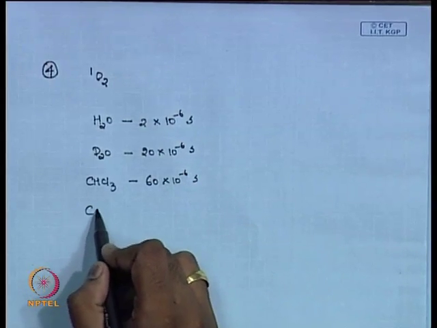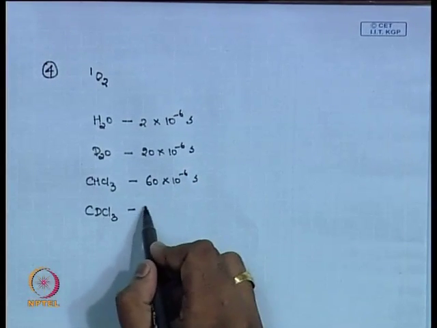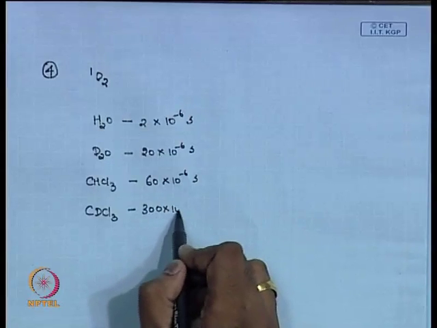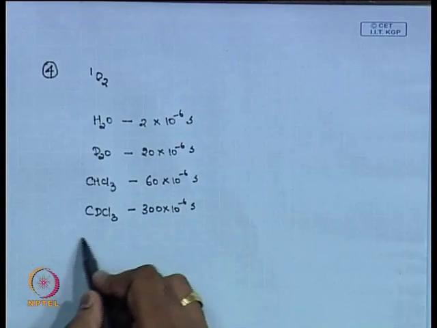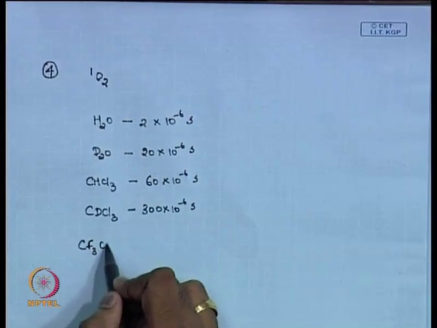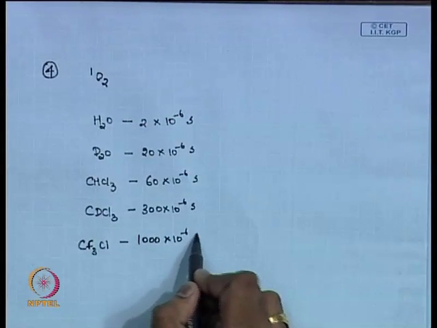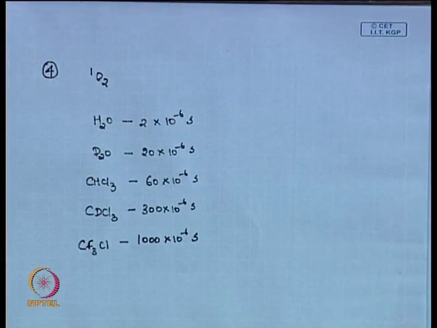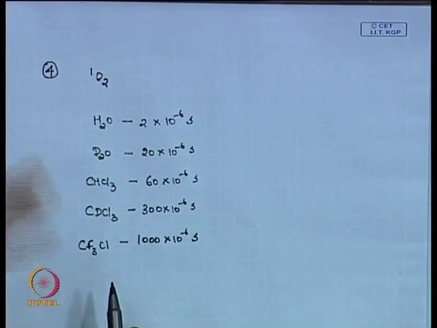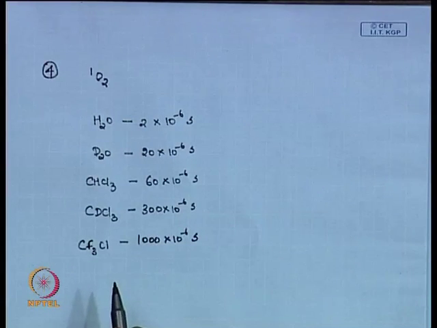In CDCl3, 300 into 10 to the power of minus 6 second. In CF3Cl, it is 1000 into 10 to the power of minus 6 second. So, it is highly solvent dependent, but it works around 10 to the power of minus 6 seconds. It is always nice to know the lifetime of your species, so that you can think of many good chemistry reactions.